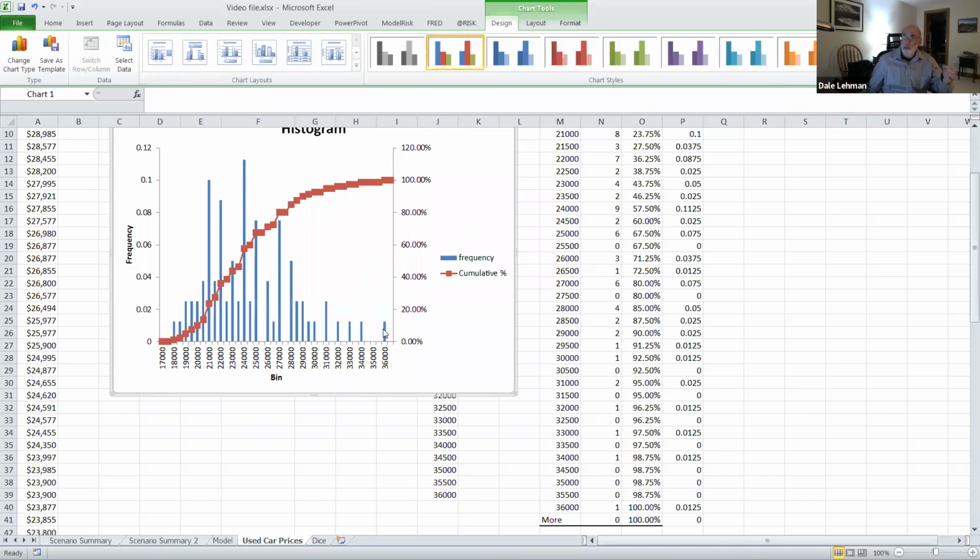What is the probability it will be as high as 36,000? A little over 1%. I'm basing my probability on actual data, on the relative frequency with which it occurred. That is extremely useful if you have a lot of good data to base it on. The risk is that the next car that rolls in might be somewhere completely outside of this range.